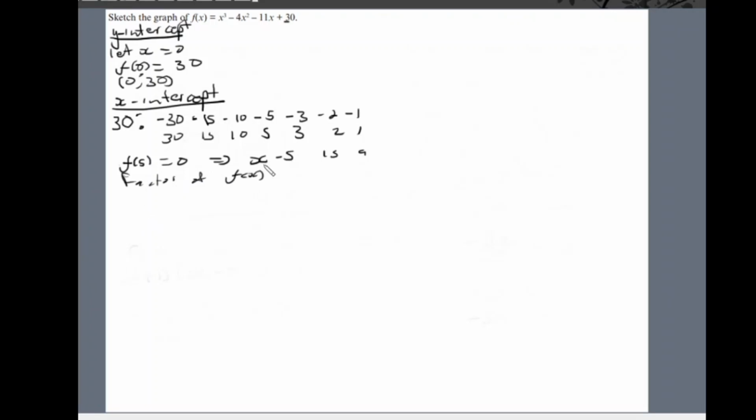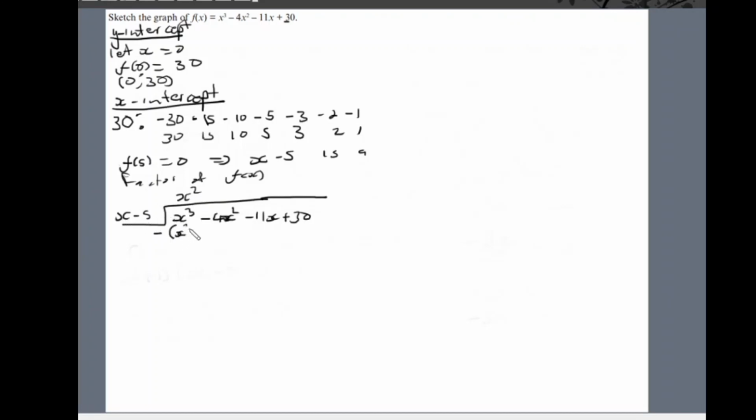Now I will use this x minus 5 as a divisor, long division method, right? So I'll have x minus 5 dividing x cubed minus 4x squared minus 11x plus 30. I'll divide x cubed by x, which gives me x squared, and then I'll multiply x minus 5 with x squared.